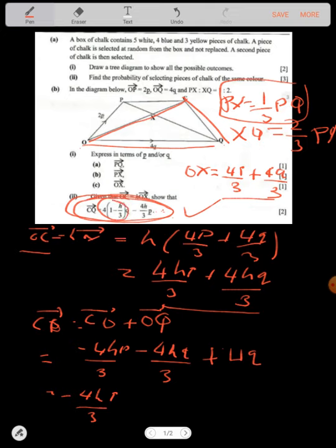So we have positive 4, then we maintain negative h over 3 plus 1, then we take Q out.